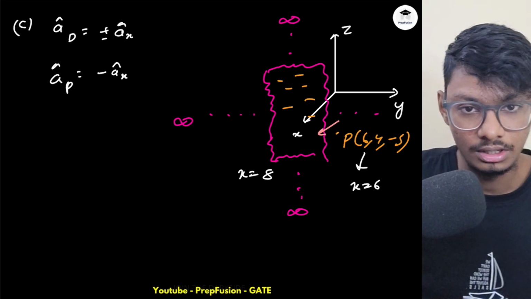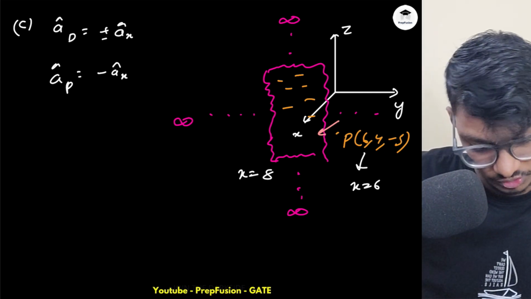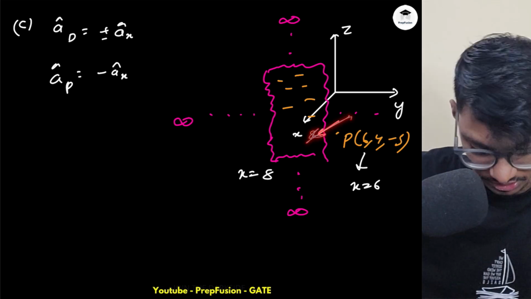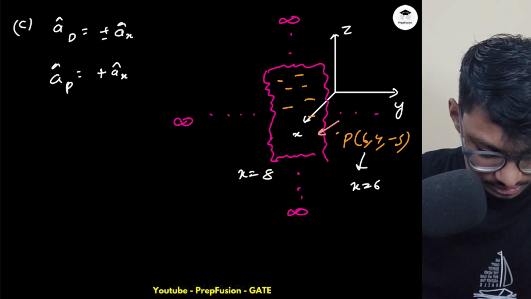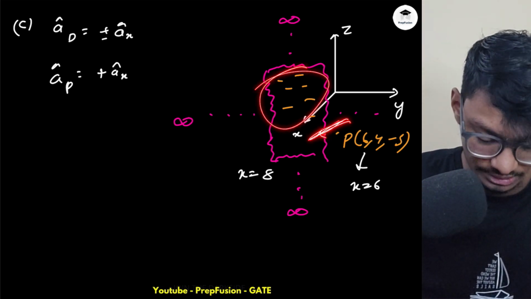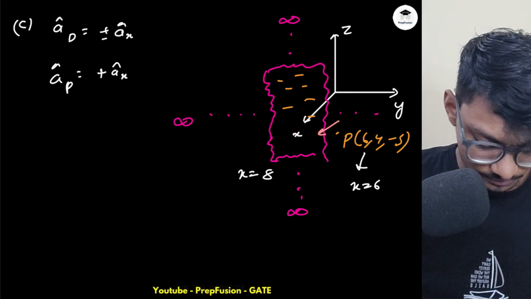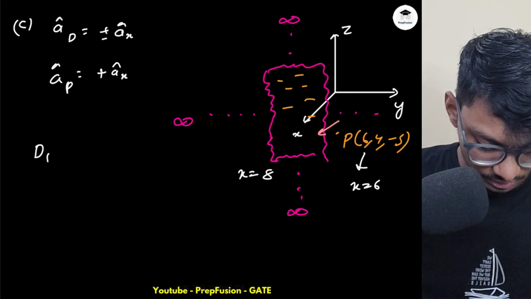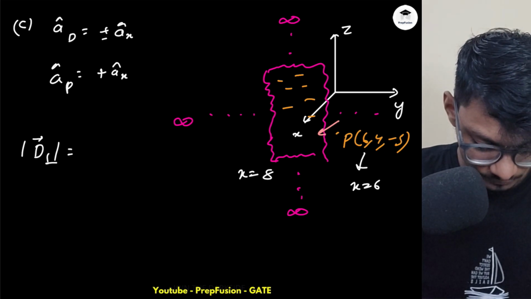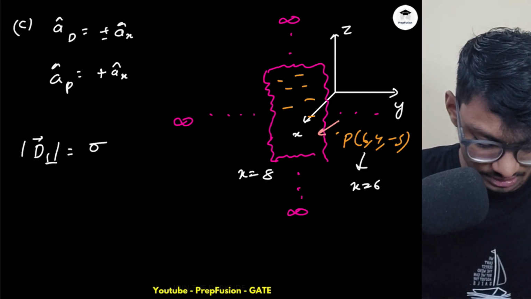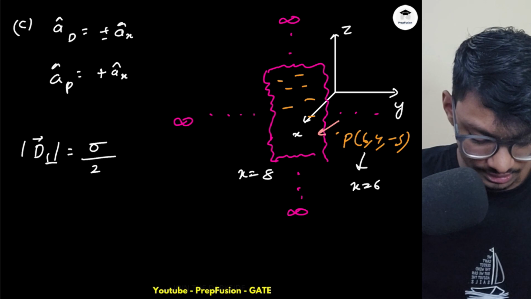Sorry, this is not positive charge, this is negative charge, so the direction will be plus. This is terminating, and this is negative charge, so the direction will be plus. What about the magnitude? Magnitude of the electric flux density will be simply, as we have just derived, sigma upon 2 epsilon for electric field intensity.